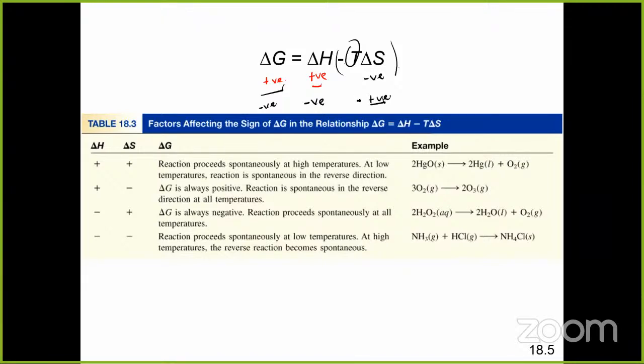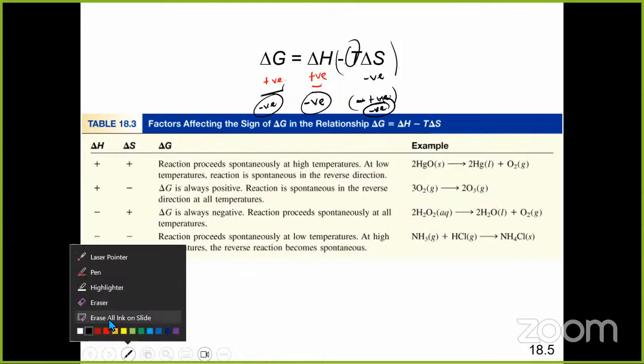So if you put a minus sign in front of this, that would be negative. So we're adding a negative number to a negative number, which means that delta G is going to be negative, which means that the reaction is going to be spontaneous going in the forward direction and non-spontaneous in the reverse direction, all right? And then the final one here, let me erase all this here to avoid confusion.